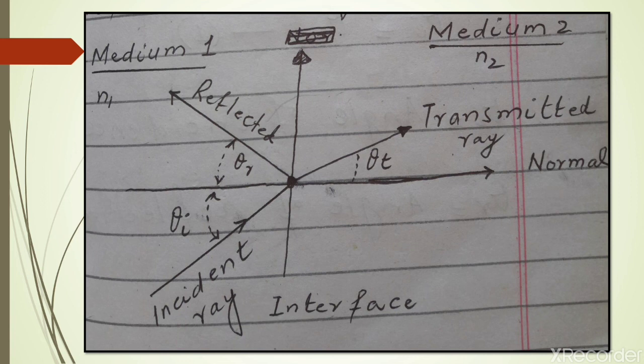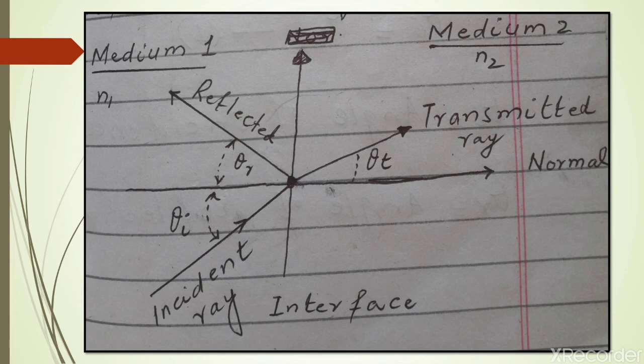The plane boundary between medium number 1 and medium number 2 is known as interface. You can see the normal to the interface in this diagram as well.